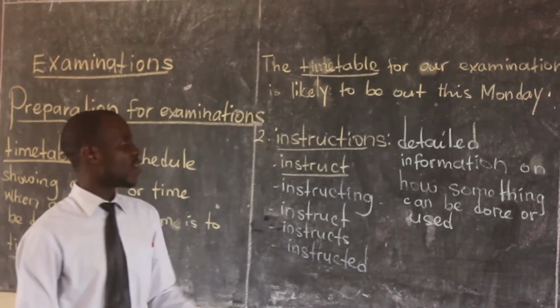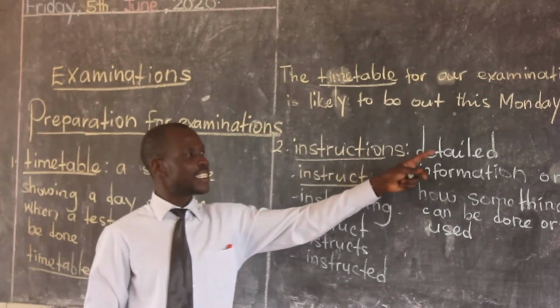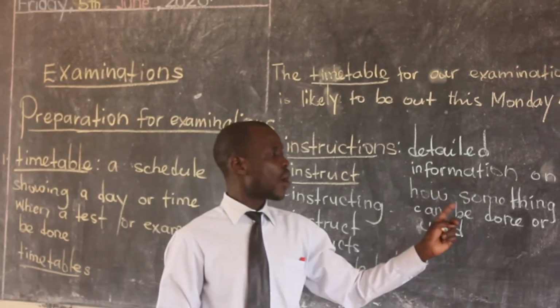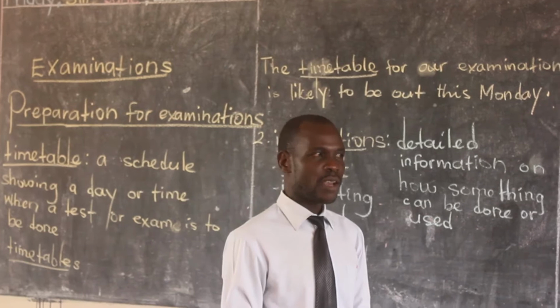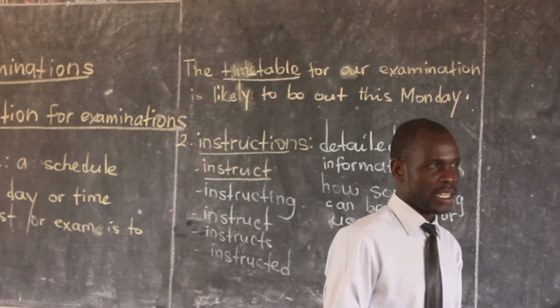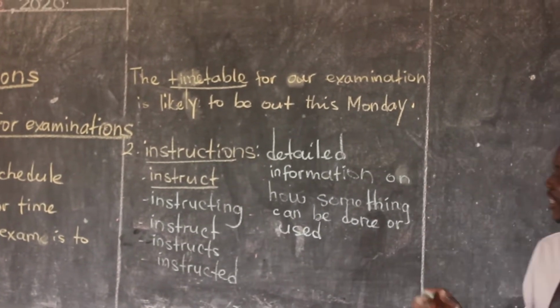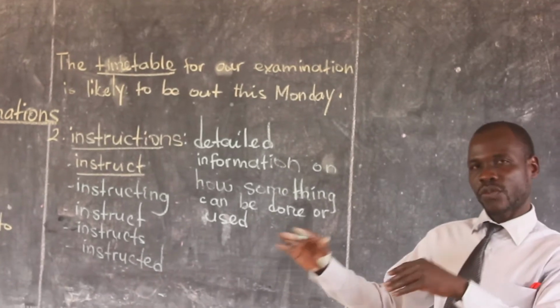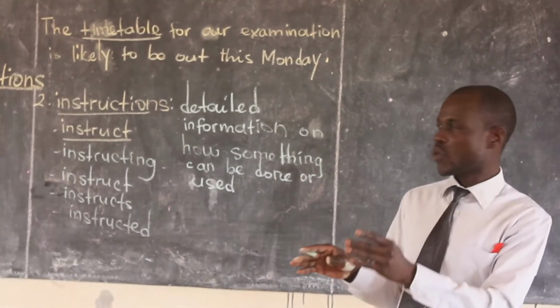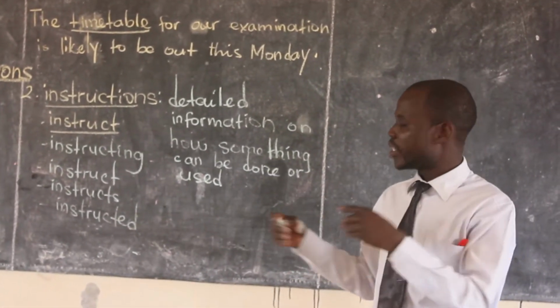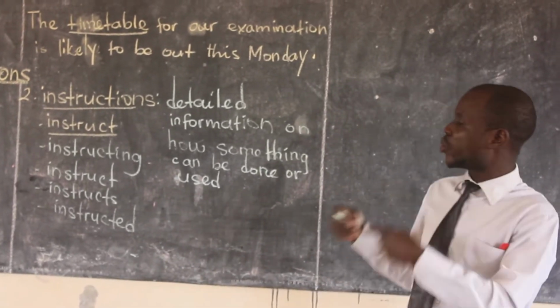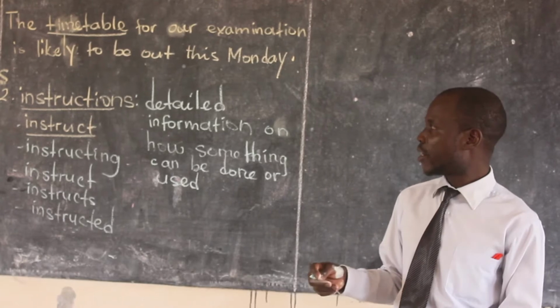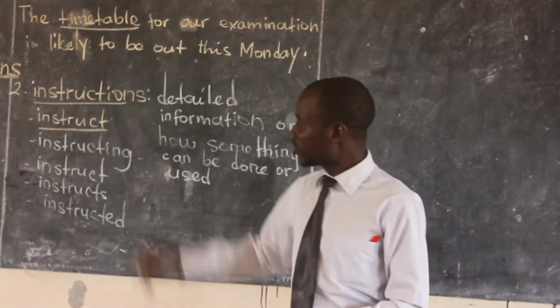That's the meaning of the word instruction. For example, if you're given something to do, you have to be given the instructions. The set of instructions show you how you're going to do that work you've been given. If not the work, how are you going to use something that you have? Those are the ones we call instructions.